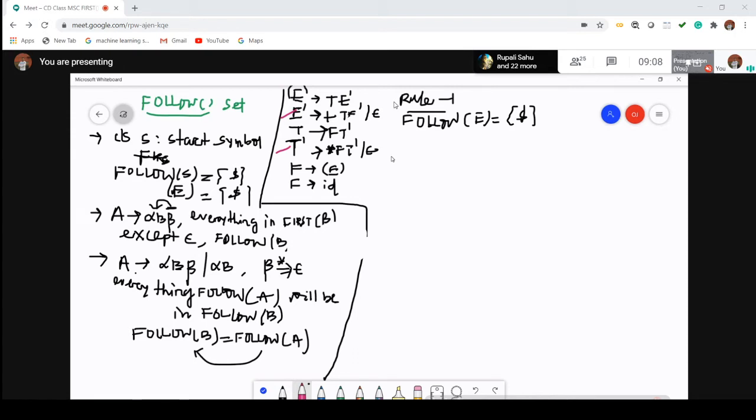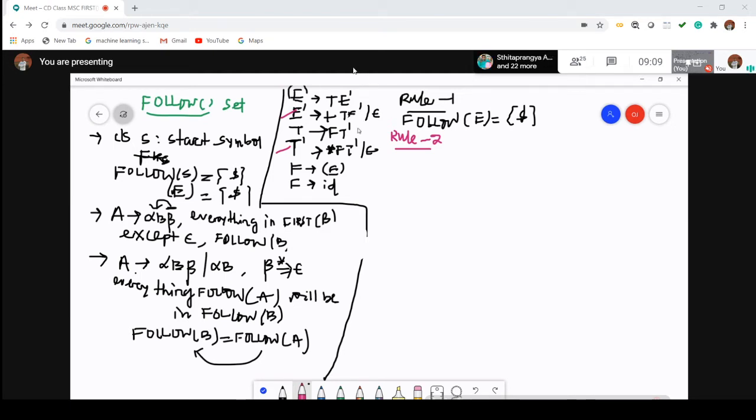So we take those three in case of rule number 2. Just remember, take those productions in which there is no epsilon production in rule number 2. Then all the others we can take in rule number 3.